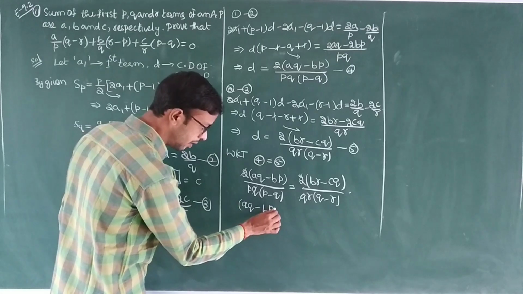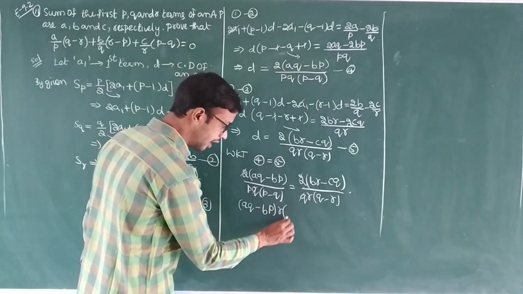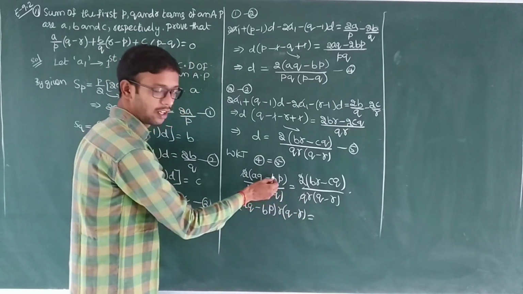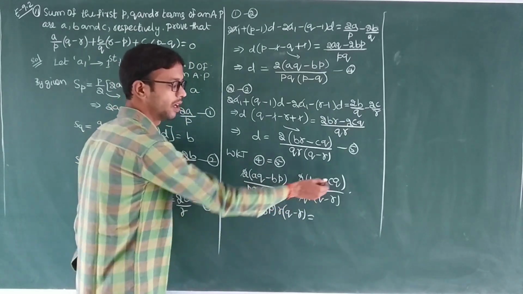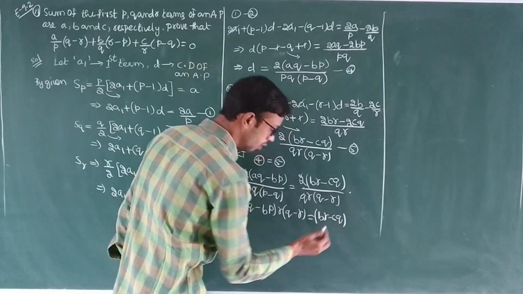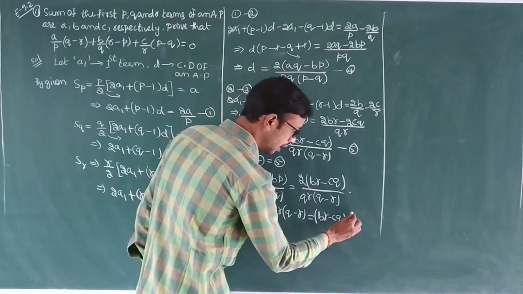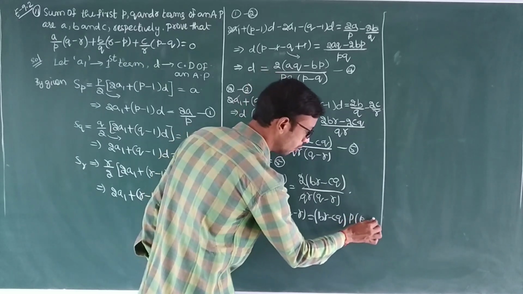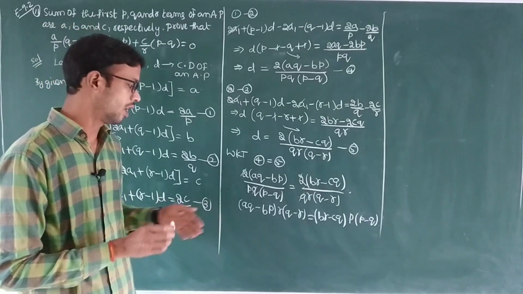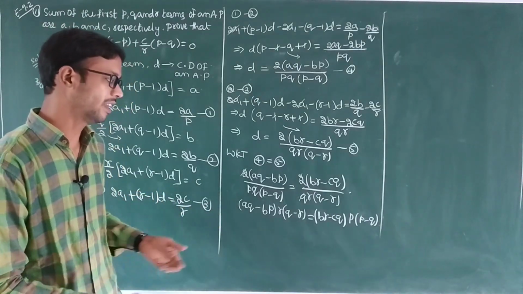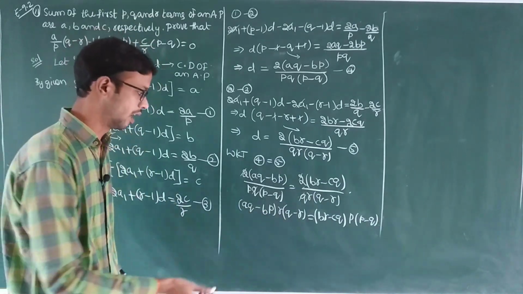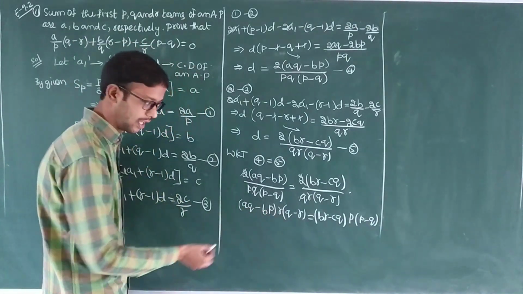AQ minus BP into R into Q minus R. Cross multiply: this value multiplies here and the remaining value multiplies there. So BR minus CQ into P into P minus Q. Now the next step is multiplication.